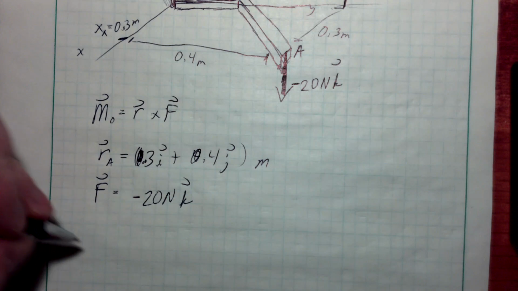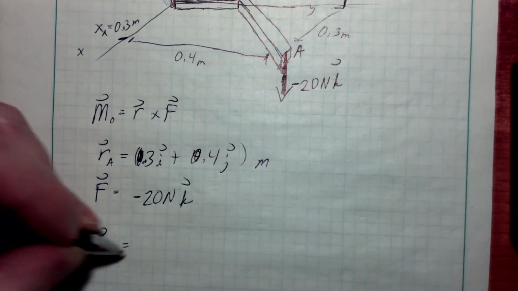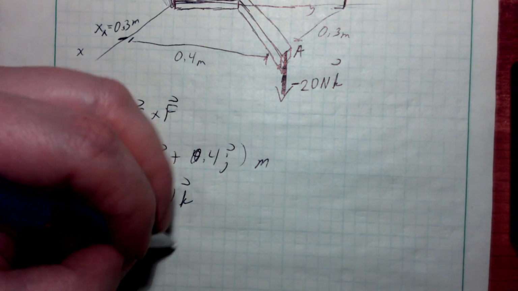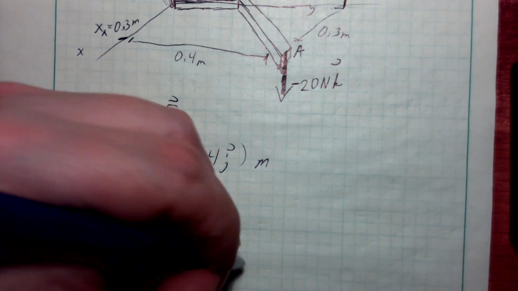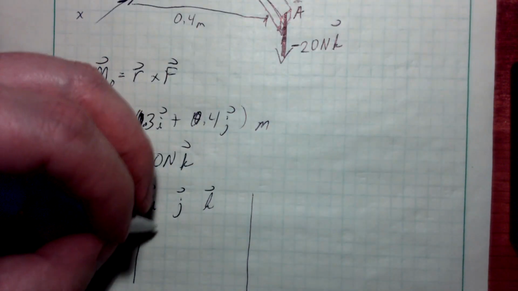Okay, so r cross F, the moment about the origin. I prefer the diagonal method. If you like expansion by minors, do it. Whatever method you use to find the determinant of a matrix is not going to bother me.